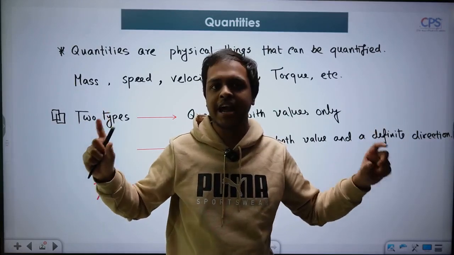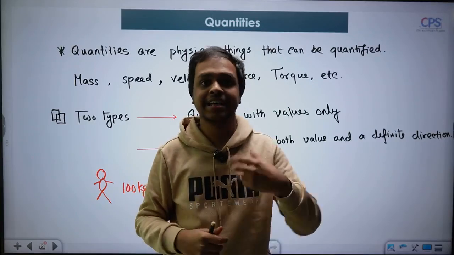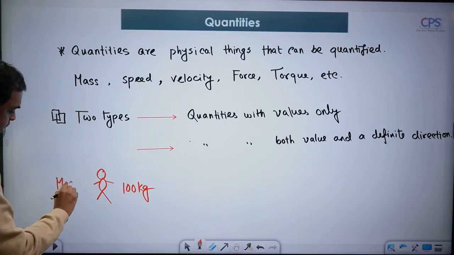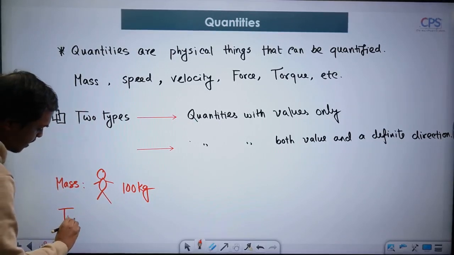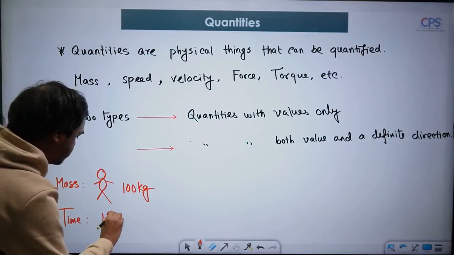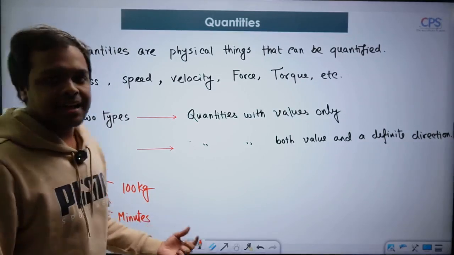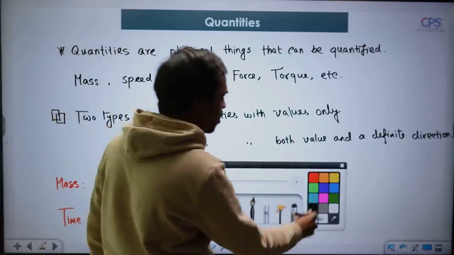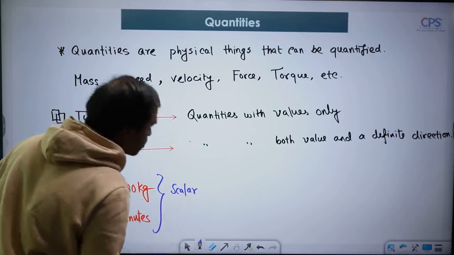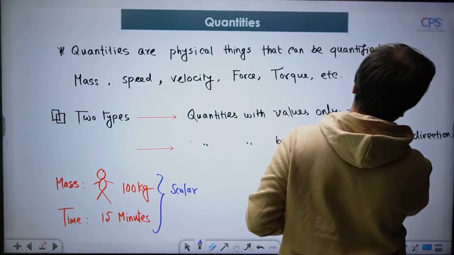There are things that are not directed, like time. Time doesn't have any direction, right? So mass, time, let's say I am giving you a lecture for 15 minutes. Time 15 minutes doesn't have any direction. These types of quantities are called scalar quantities. So quantities with values only are called scalar quantities.